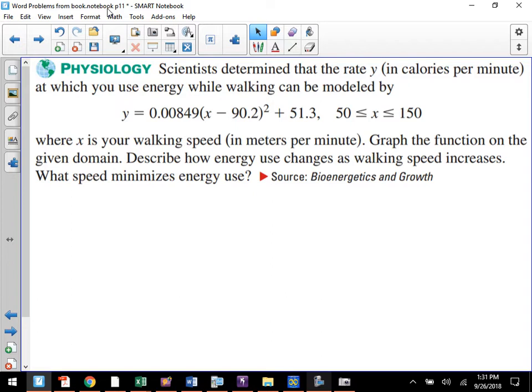By looking at it, you have a positive A value, which means it's going to be up like a cup. And you know that your vertex is then located at 90.2 and 51.3. And it does this.